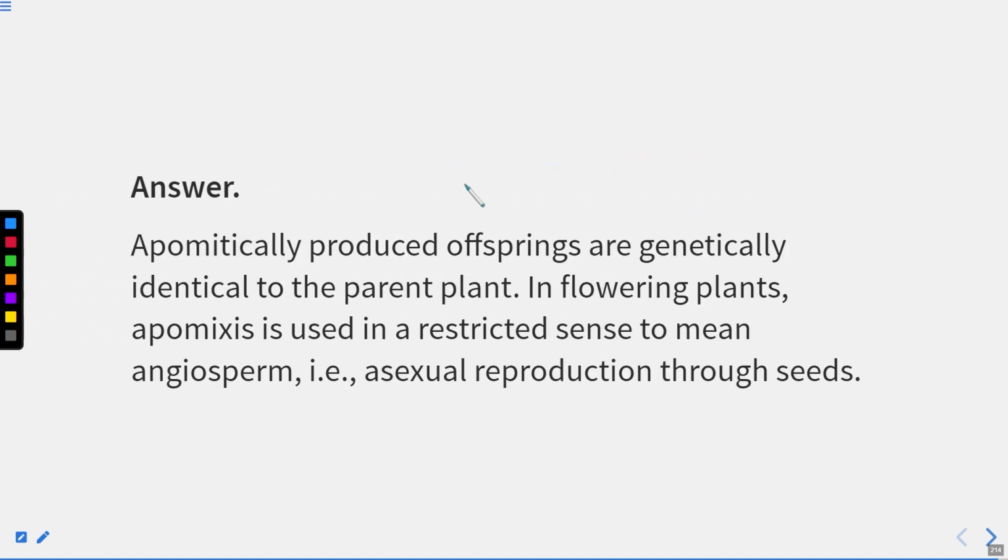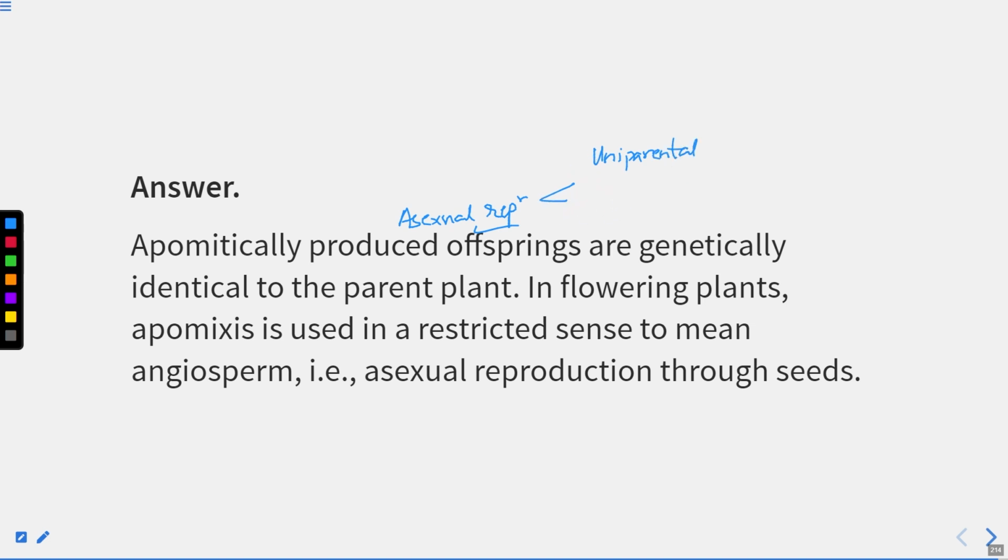Now, apomictically produced offsprings, as it is a kind of asexual reproduction. So what is the feature of asexual reproduction? One parent is involved. If we talk about the feature of asexual reproduction, uniparental condition is observed. And what happens?